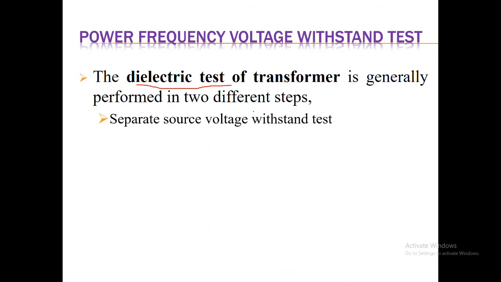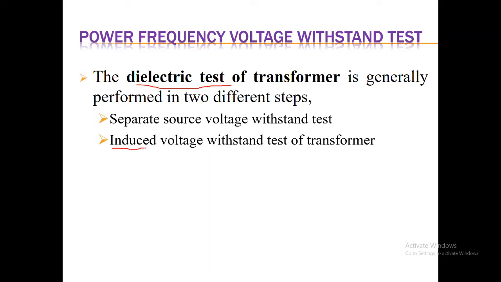Either you can test the voltage withstanding capacity by using a separate source, which is known as the separate source voltage withstand test, or you can test the voltage withstanding capacity under the application of double frequency, which is known as the induced voltage withstand test of the transformer, also known as the double frequency double voltage test on the transformer. In today's lecture I am going to describe these two different types of test.